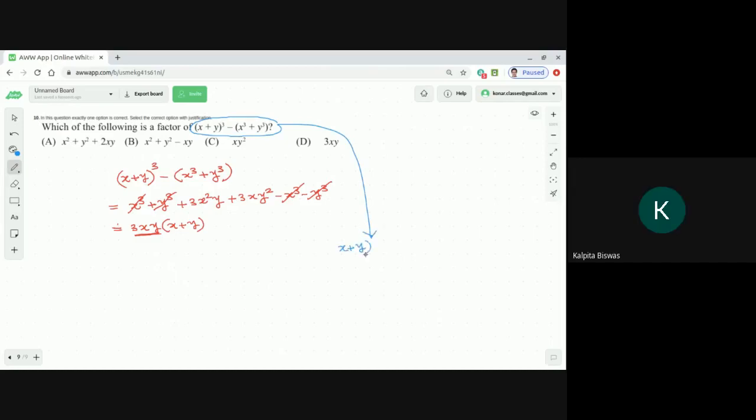So at first I evaluated (x plus y) whole cube as you did. Then I gave a minus and a second bracket and started evaluating x cube plus y cube. That means you wrote x cube plus y cube plus 3x square y plus 3xy square, and then minus again what you are expanding, (x plus y) whole cube.